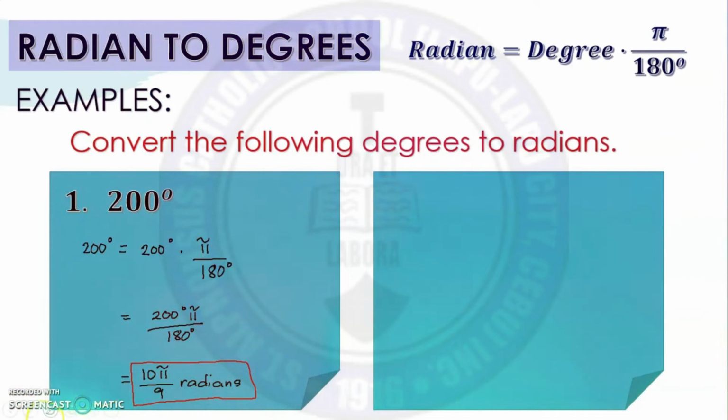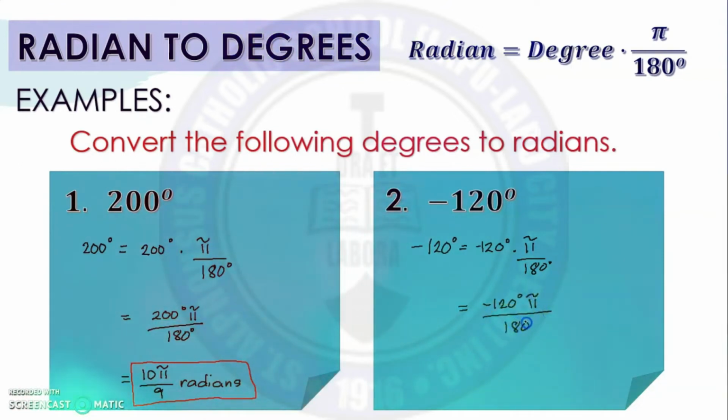Let's have example number 2, negative 120 degrees. Same manner, negative 120 degrees, copy the 120 degrees times pi over 180 degrees. Multiply, so it will become negative 120 degrees pi over 180 degrees.